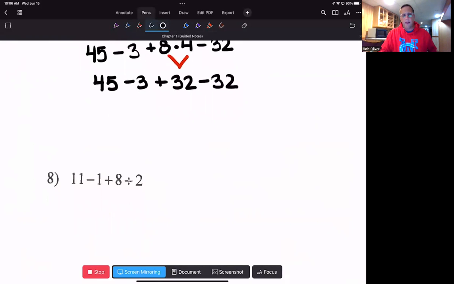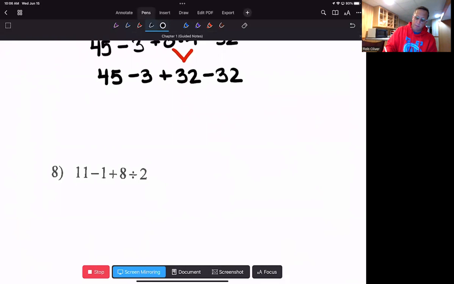Okay. And then at this point, we can just go left to right because all that's left is subtraction and addition. And subtraction is not more important than addition, nor is addition more important than subtraction. So when they're together, you just go from left to right. That's it. So you're just going to go 45 minus 3.